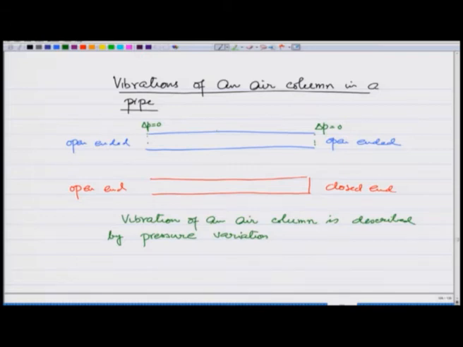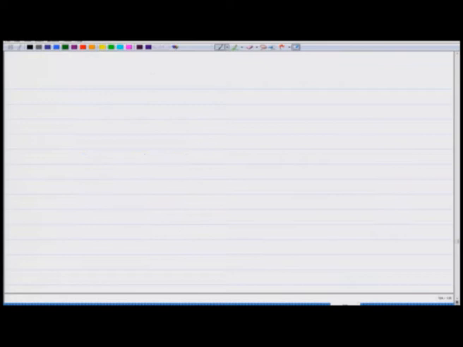Similarly, for the pipe with a closed end, on the right side delta P would not be 0, because the closed end out here, this wall, can withstand any pressure. On the other hand, at the open end delta P will be 0. Let us go to the next slide and see what that means.